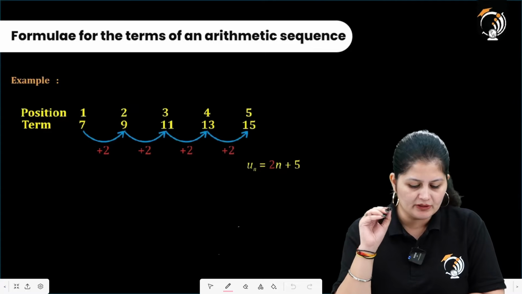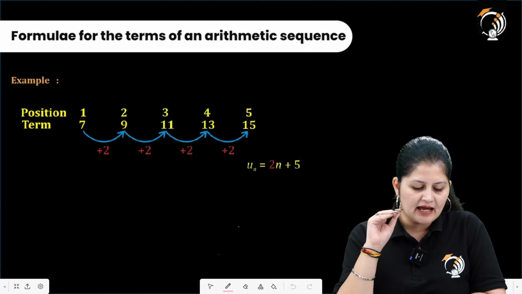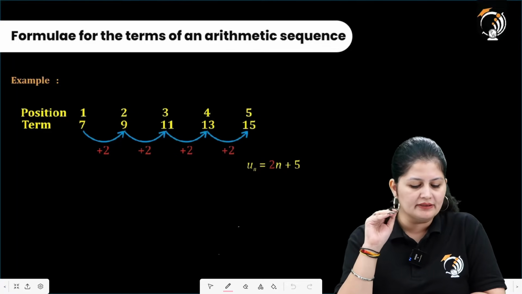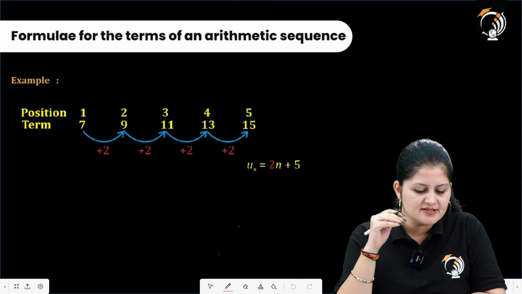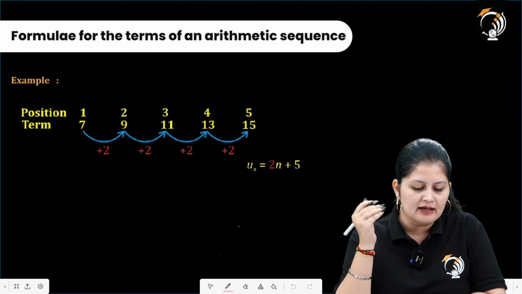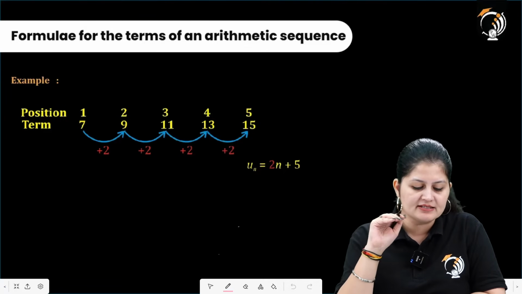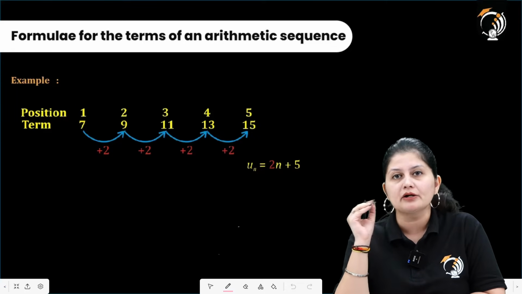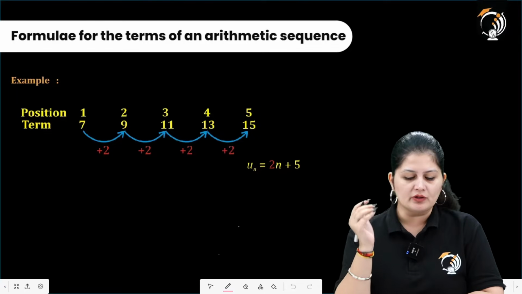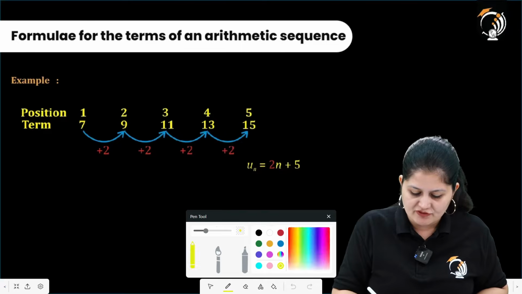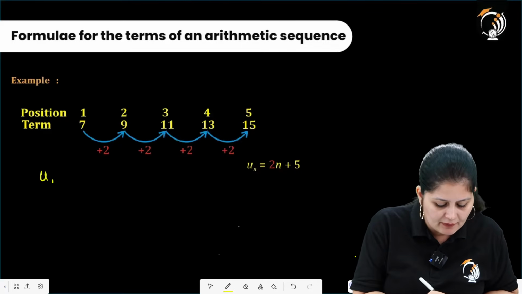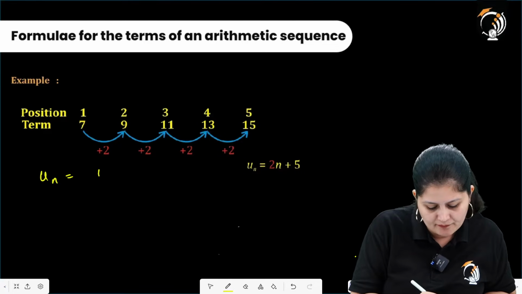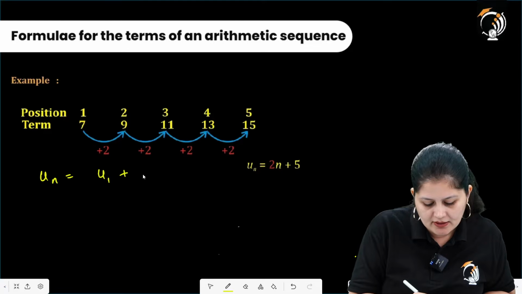We are given that when n is equal to 1, the term is equal to 7. When n is equal to 2, the term is equal to 9. The common difference here is 2. Let's put it in the formula we have just learned. The nth term is u1 plus n minus 1 multiplied with the common difference.